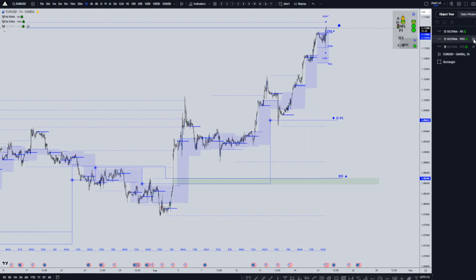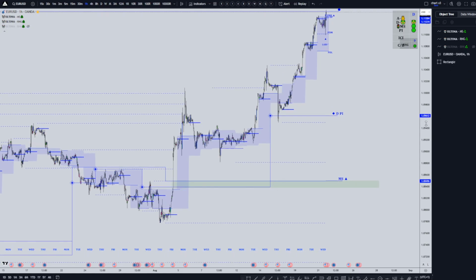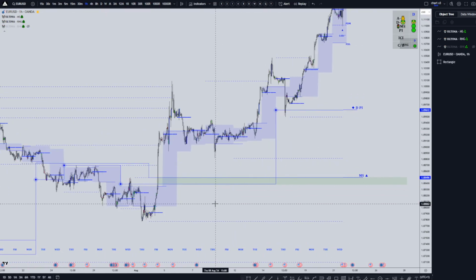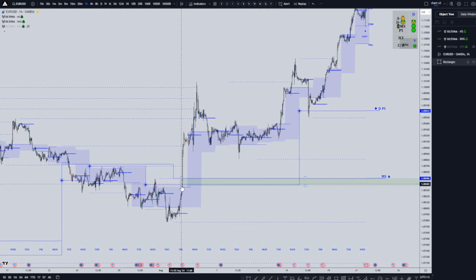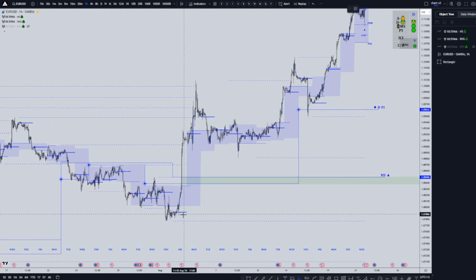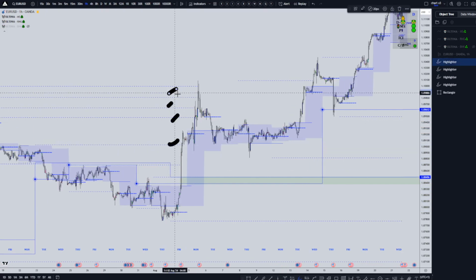So if we quickly hit on the daily range, the daily's manipulation cycle. From this point we are primed up, daily is primed up, structure bullish, power index bullish. From this point we want to see the strength on the range, on the daily ranges, for delivery of all these levels, right?